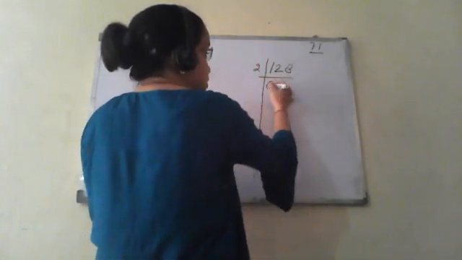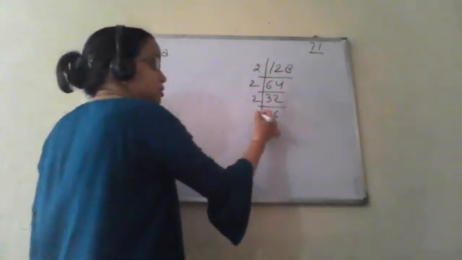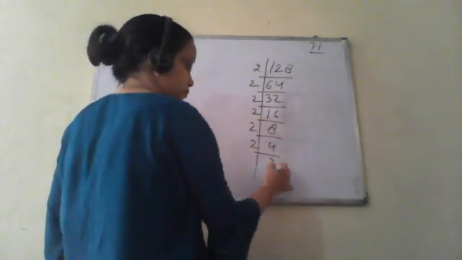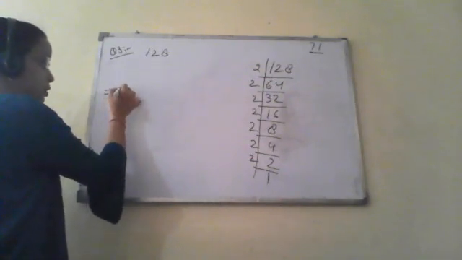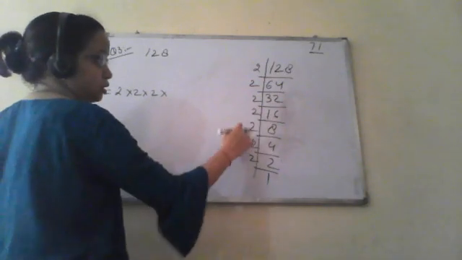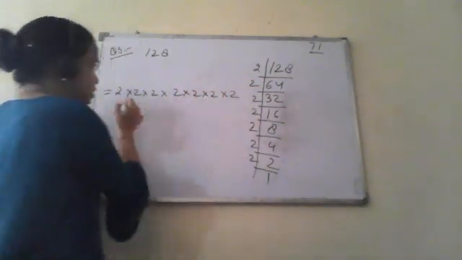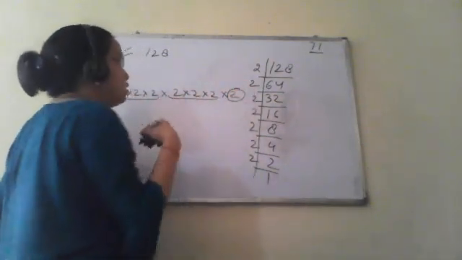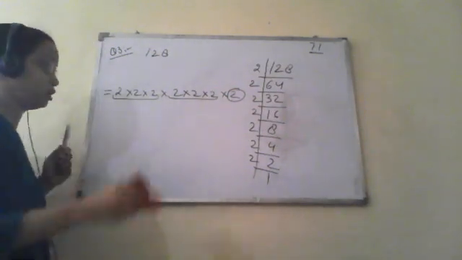This is 64, 32, 16. So 128 can be written as 2 into 2 into 2 into 2 into 2 into 2 into 2. So this triplet is complete, this triplet is complete. What is extra? This 2. So if we divide 128 by 2, the resulting number will be a perfect cube.